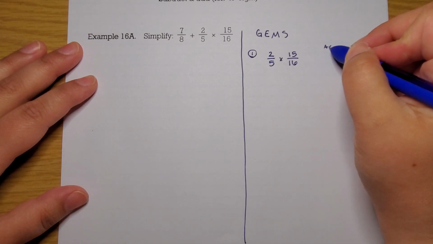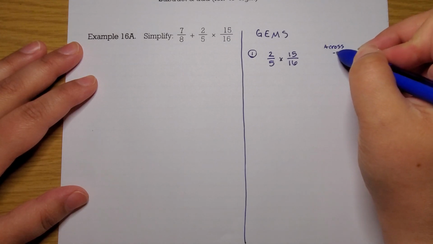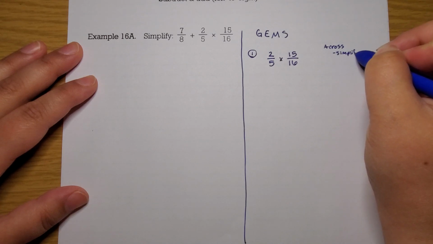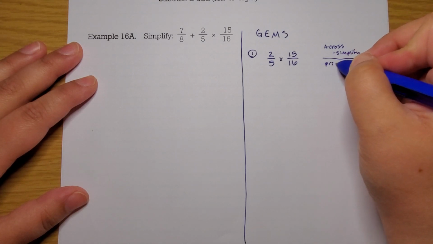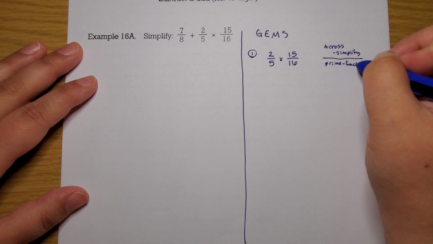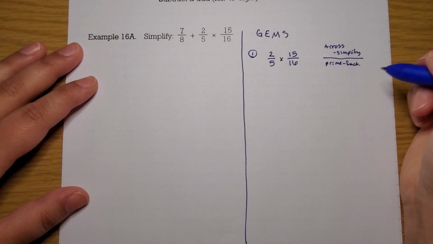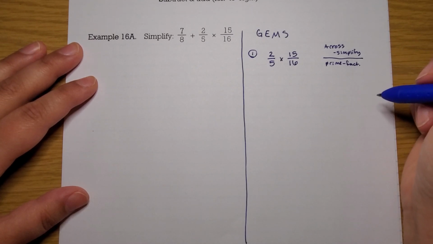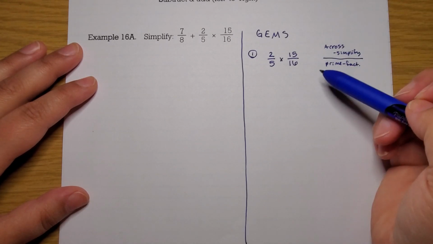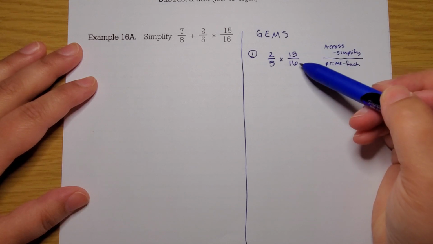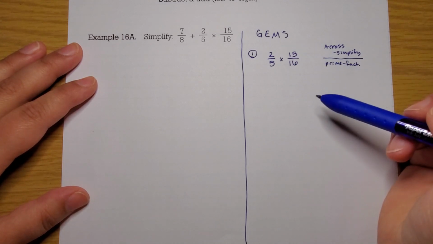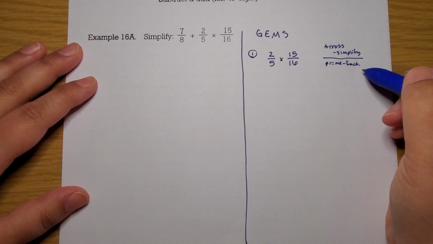You could either multiply across and then simplify, or you can use the prime factorization method, which involves factor trees and then canceling out common factors. So for this one, because I don't want to carry out a lot of larger number multiplication, and by larger I mean these 2-digit numbers, I'm going to go ahead and use that prime factorization technique.